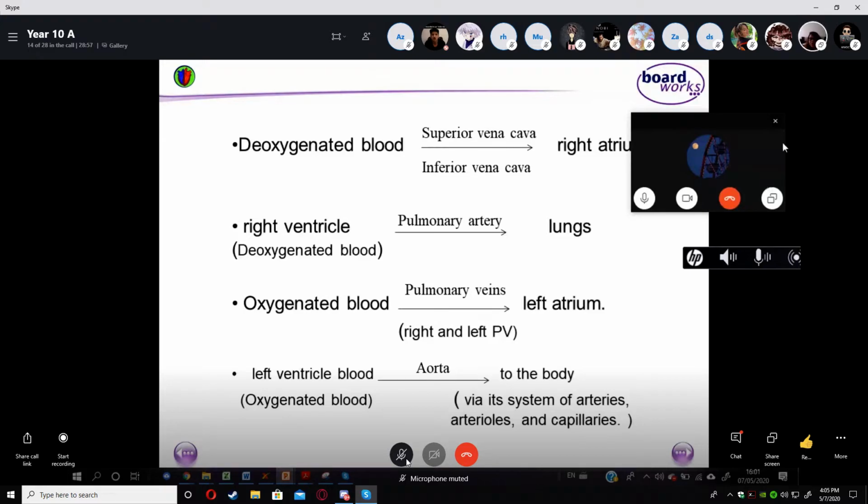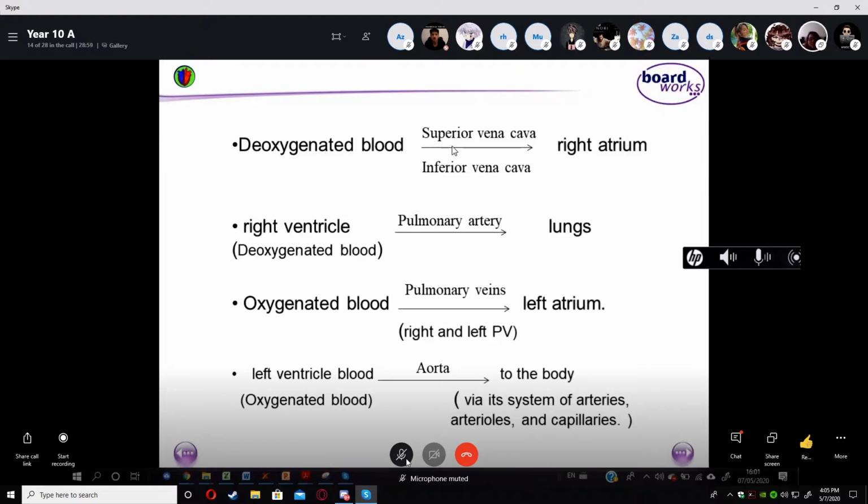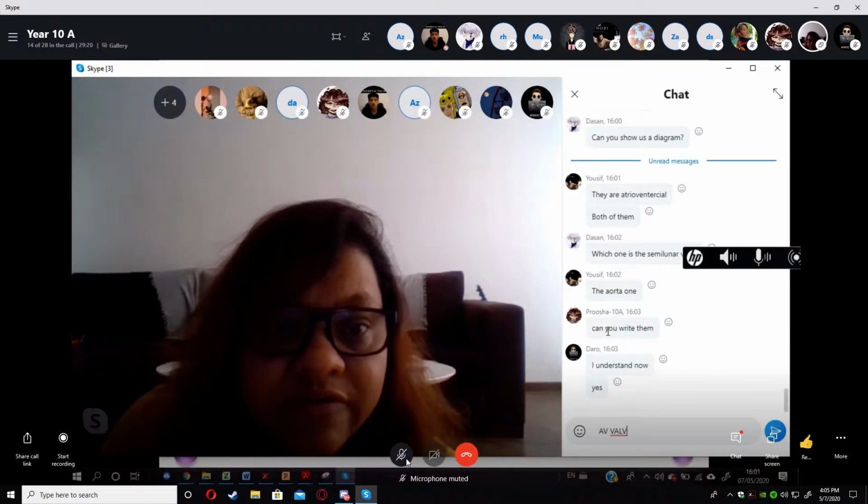Deoxygenated blood enters the right atrium through these vessels, superior vena cava and inferior vena cava. You can just write vena cava, and because it is two vena cavas, in bio you don't say vena cavas.